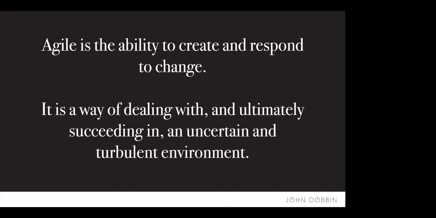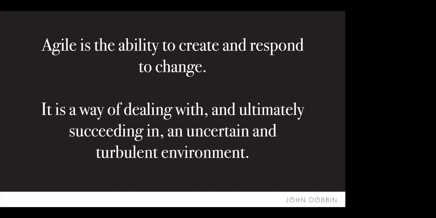Okay, so when we go to the Agile Alliance, which is the peak body for Agile, the very first two sentences on their webpage are these. It says that Agile is the ability to create and respond to change. It is a way of dealing with and ultimately succeeding in an uncertain and turbulent environment.